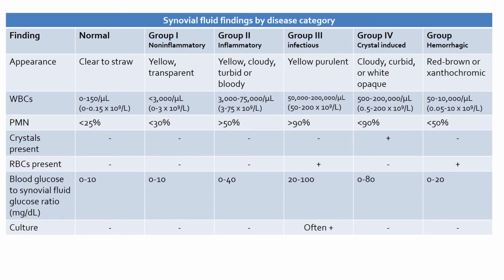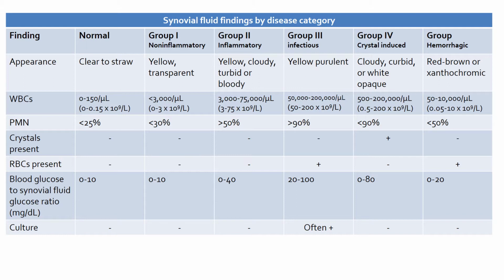Your PMN should be less than 25%. It shouldn't really have red cells in there, and should not have crystals. And then the blood glucose to synovial fluid ratio, you can see we use a ratio. You need a plasma glucose level collected concurrently to create that ratio, and that's 0 to 10. And culture, of course, should normally be negative.